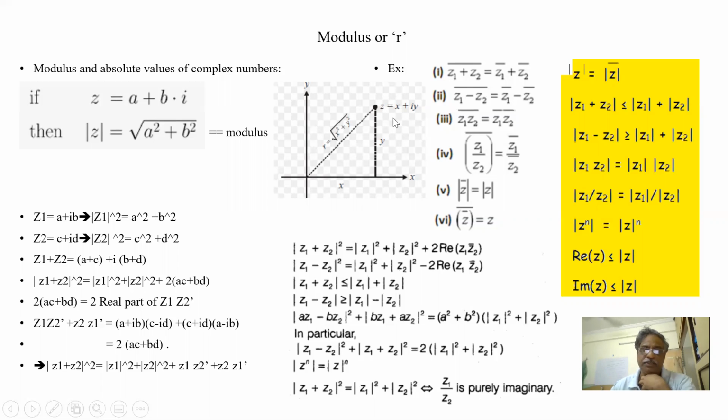Let us understand this. This is not mod. This bar is here, this is the conjugate itself. Conjugate of Z1 Z2 is equal to Z1 bar into Z2 bar. Let us understand this property of complex numbers.